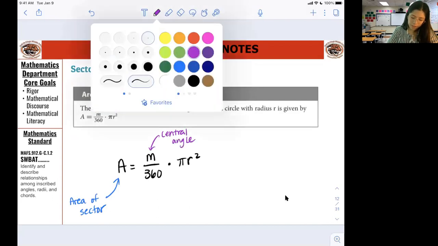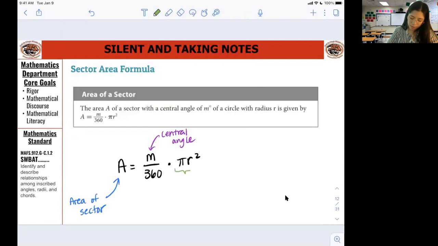R is the radius, but importantly, this whole thing right here is the area of what? That whole pi r squared would be the area of the whole circle. So similar to what we were doing before, this equation helps us find the area of the sector. And they're very similar equations, aren't they?